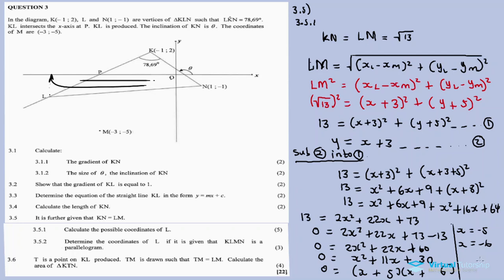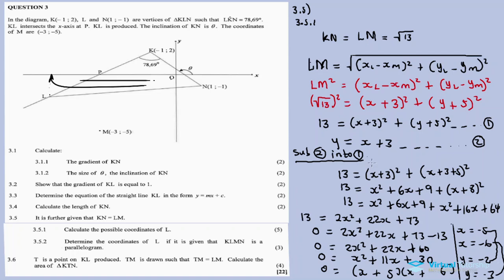So therefore the most likely x coordinate is x equal to minus 6. But anyway, the y coordinate for x equal to minus 5 is minus 5 plus 3, that is equal to minus 2. Y is equal to negative 3 for the other one.